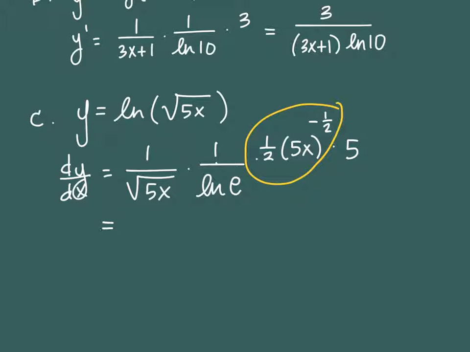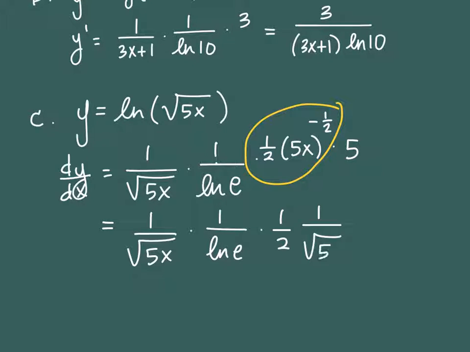So for now, I'm not going to really touch the rest. I'm going to have 1/2, and I'm going to have 1 over the square root of 5x, and then I'll still have my times 5. So working on not having a negative exponent and not having a rational exponent.